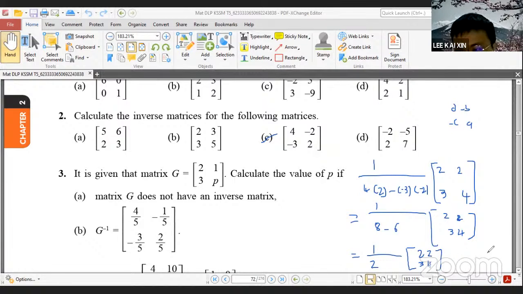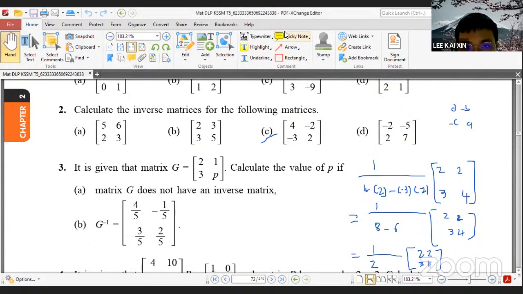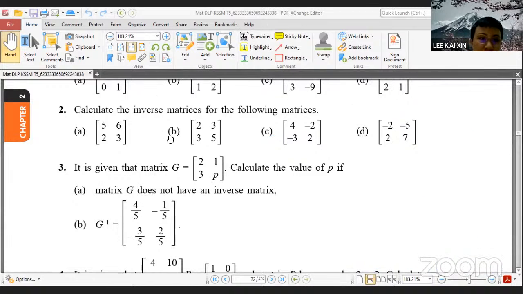Okay, which you will get, I just write here. You will get 1, 1, 3 over 2, and 2. Okay, so this is the inverse matrix.